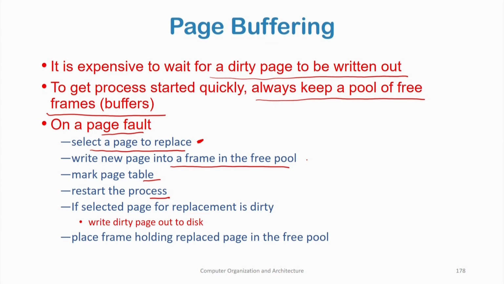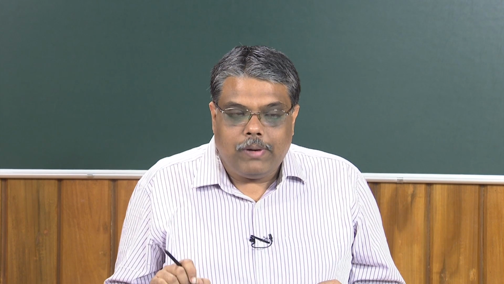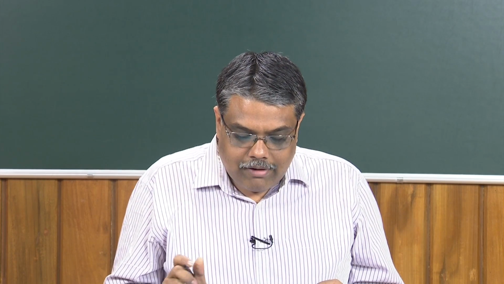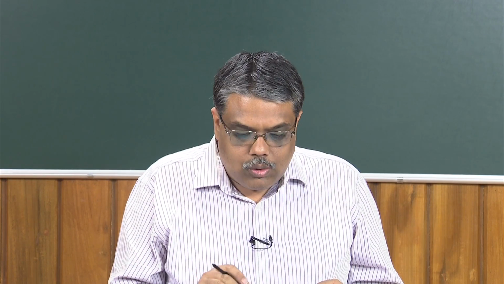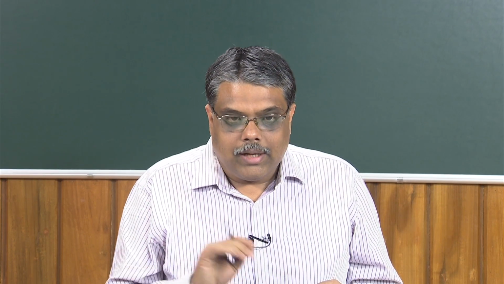So, at any point in time, I have a kitty of free frames that are ready for replacement, and for the current access I am using a free frame from my free frame pool. I will replenish that free frame pool by 1 frame after replacement. I will restart the process after replacement, and then I will quietly do my business of creating 1 more free frame.